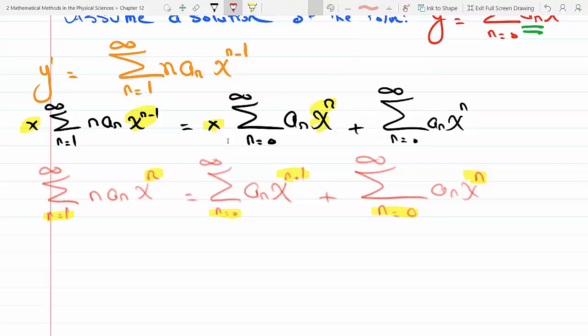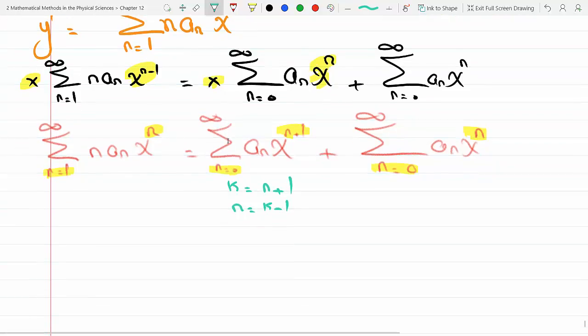So I'm going to make n plus 1 into a single index by saying let k equal n plus 1. And then that means n has to equal k minus 1.